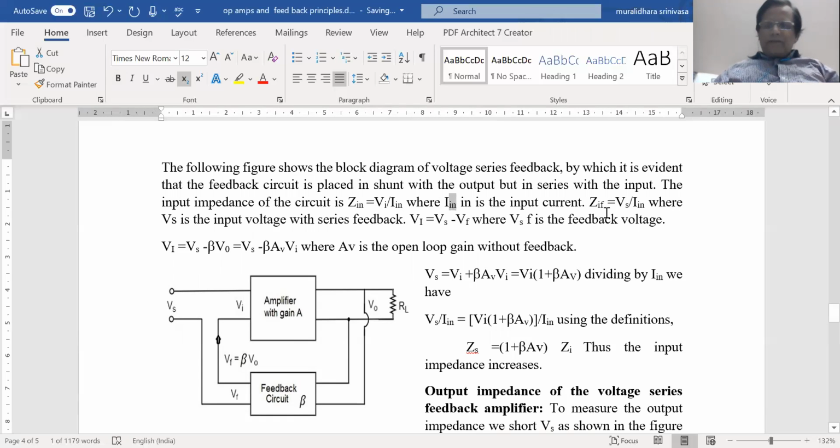So if ZF is the input impedance with feedback, then it is simply given by Vs by In, because the current is the same, where Vs is the input voltage with series feedback.